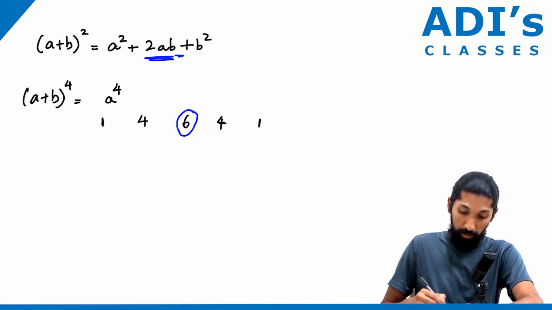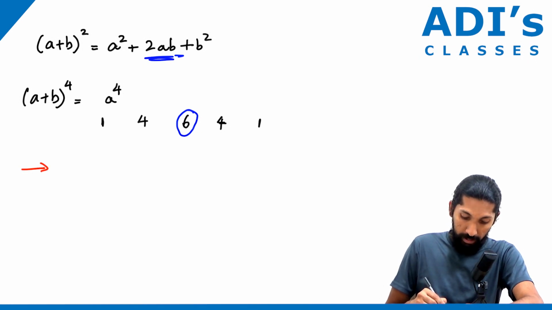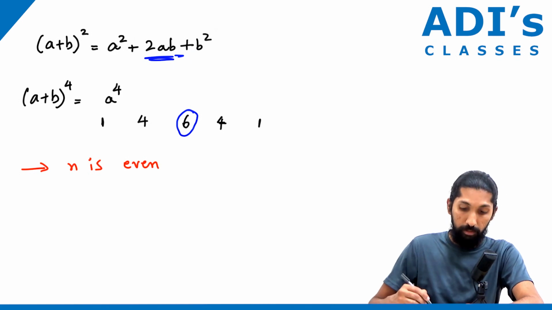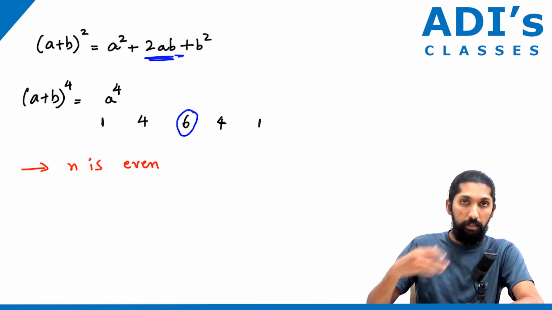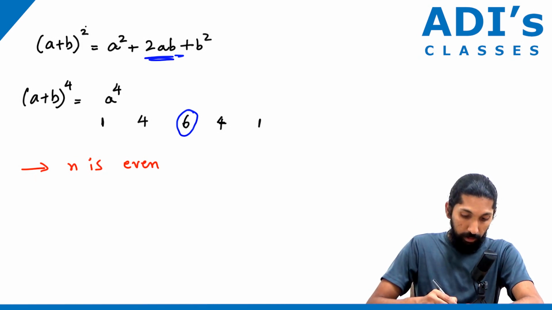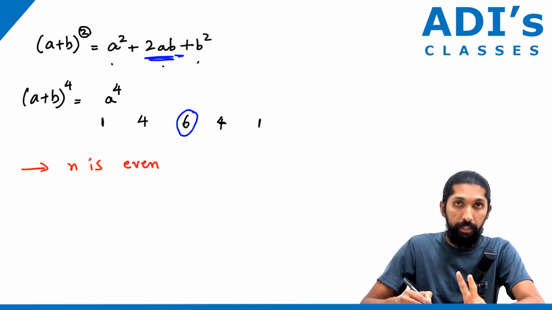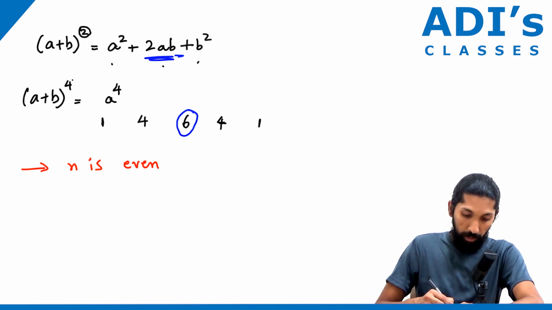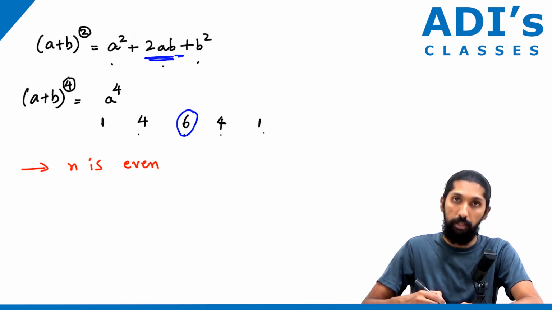Suppose n is even, let's try to get a general formula out of it. If n is 2, then we have 1, 2, 3, so 3 terms. If n is 4, then we have 1, 2, 3, 4, 5 terms.